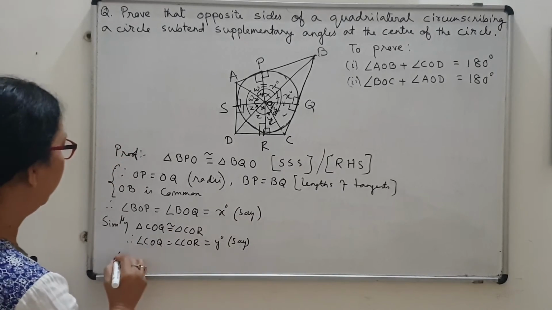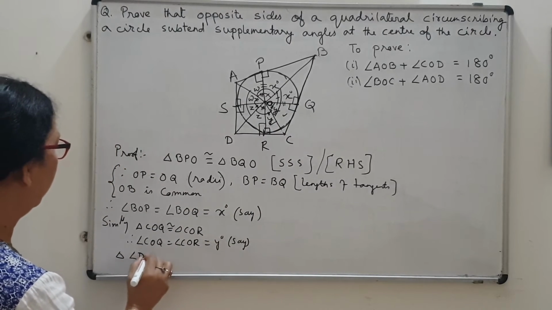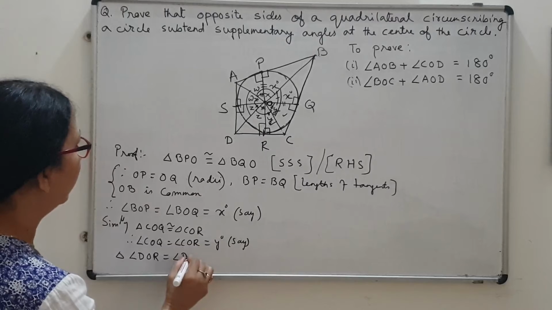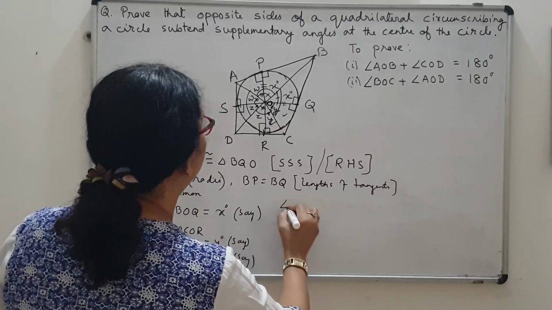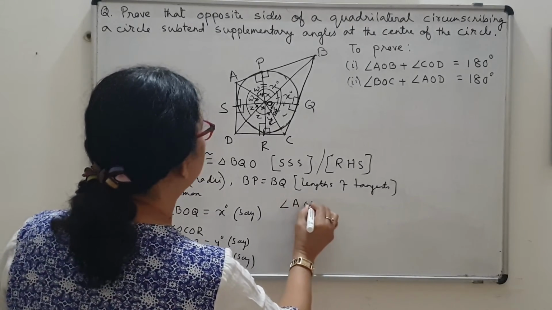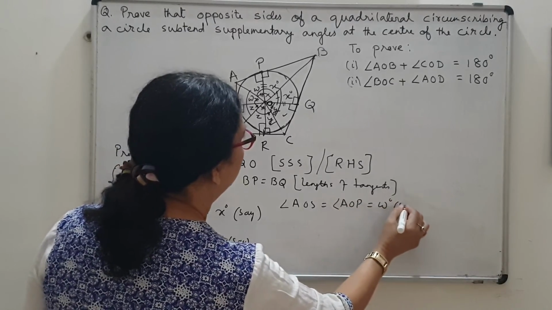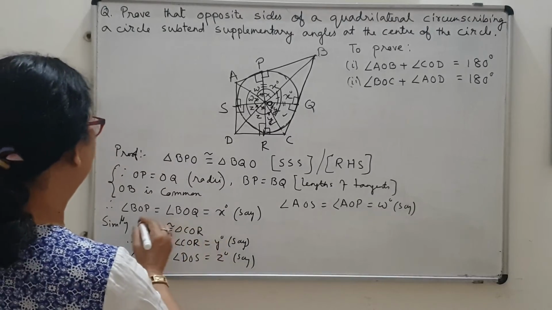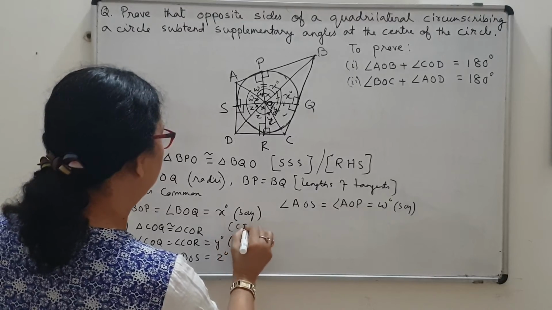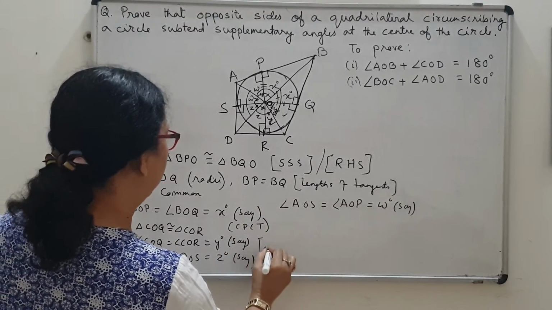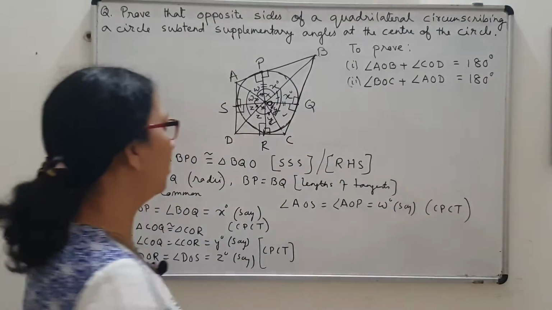And you can write triangle DOR is congruent to triangle DOS, angle is equal to z degrees, say, and angle AOS is equal to angle AOP is equal to W degrees, say. All we are getting by CPCT. Let me write by CPCT. All by CPCT conditions: corresponding parts of congruent triangles.